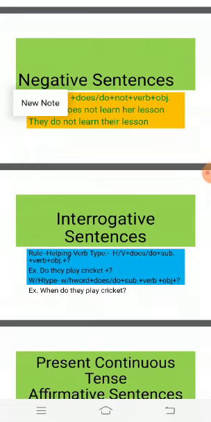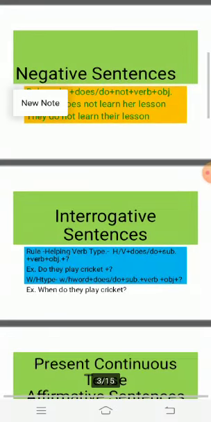Okay. Now WH type. Okay, the example of helping verb type interrogative, do they play cricket? And when it is WH type, then first of all we use WH word, then do or does, then subject, then verb, and then object.